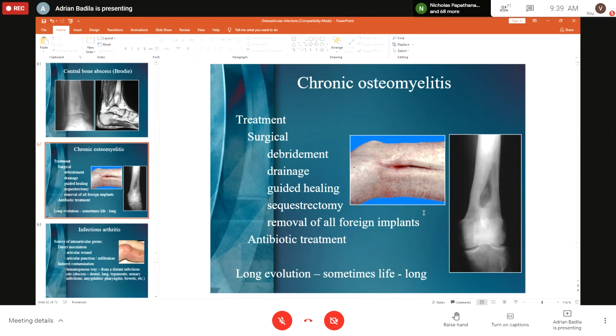Because if we don't remove all foreign implants, and that does include also cement, in some cases the infection will not heal. If the metallic implants are on site, you are sure that the bone infection will not heal. The evolution is very, very long, sometimes lifelong.